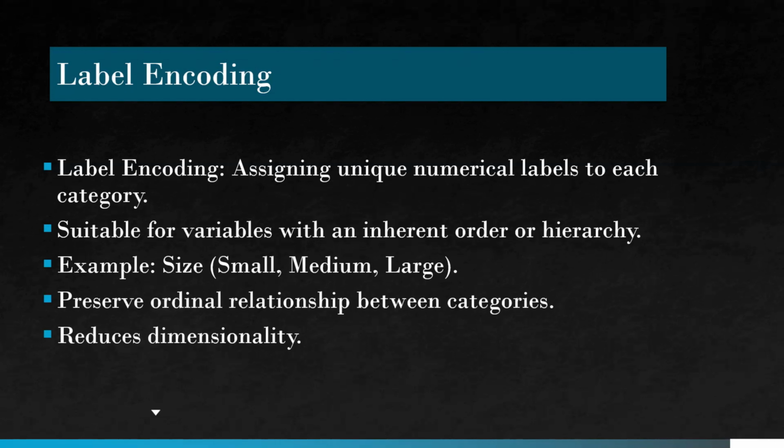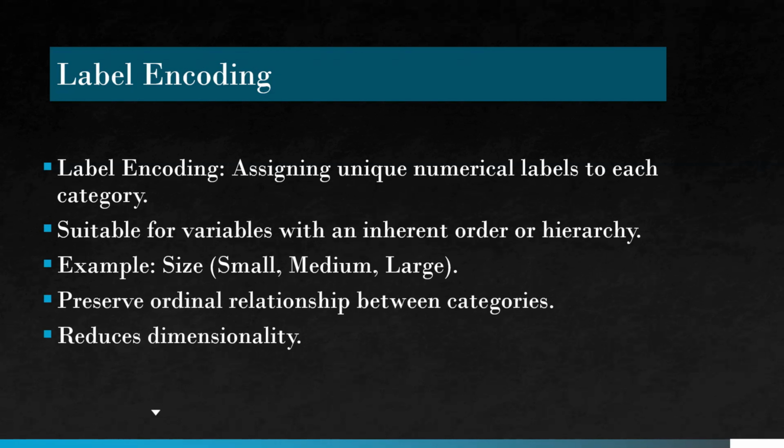There are several techniques available in the market, but some of the most famous encoding techniques are label encoding. Label encoding is assigning a unique numerical label to each category. Label encoding is suitable for variables that have an inherent order or hierarchy, for example size: small, medium, large.